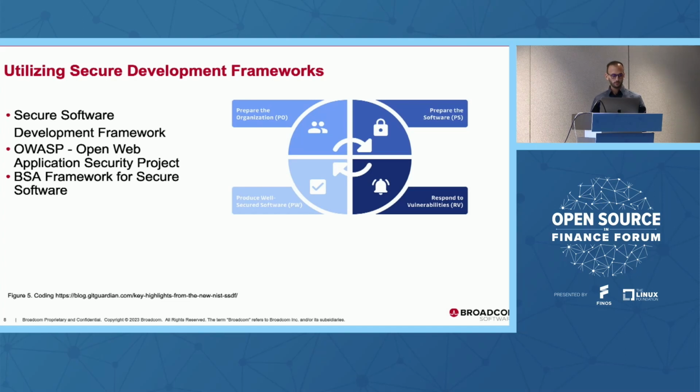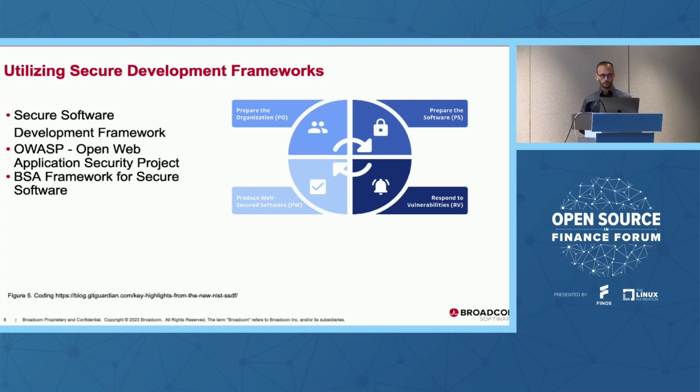And such an example is a framework called Secure Software Development Framework. It's from the National Institute of Standards and Technology. And they compiled a set of best practices from documents that were produced by organizations such as OWASP, BSA, or SafeCode.